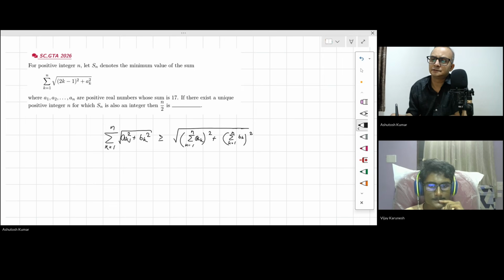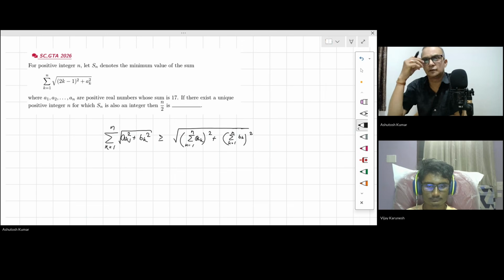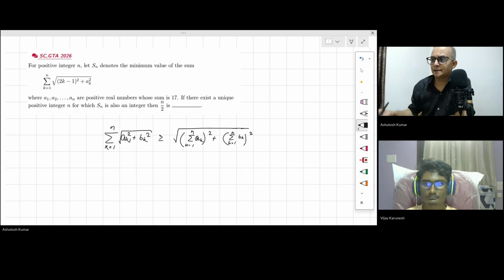So I think this will help. This inequality, what we call Minkowski or something inequality. So let's try this way, and then I'm also thinking what to do if we don't know this inequality, then how we can think about this question.